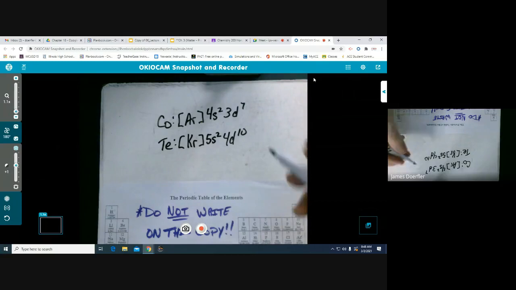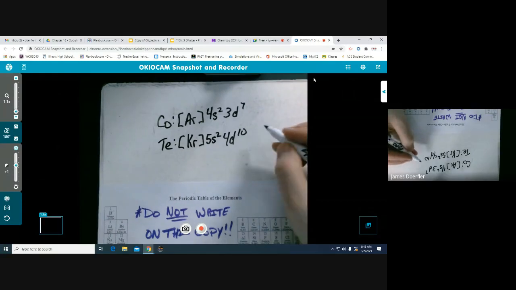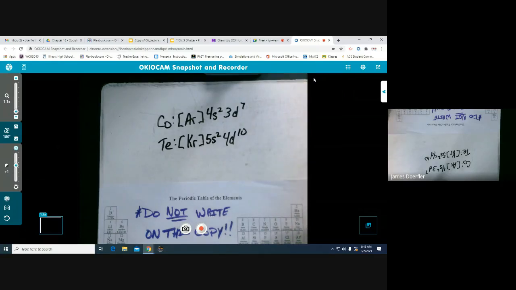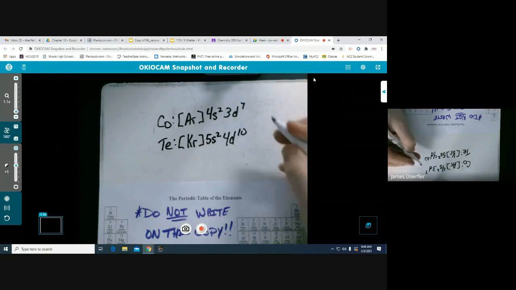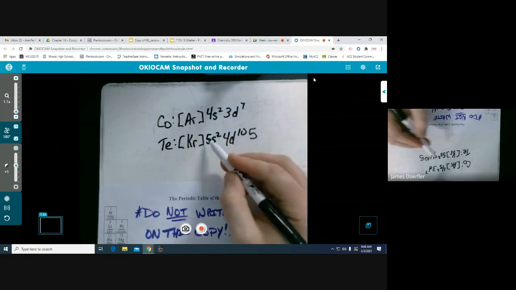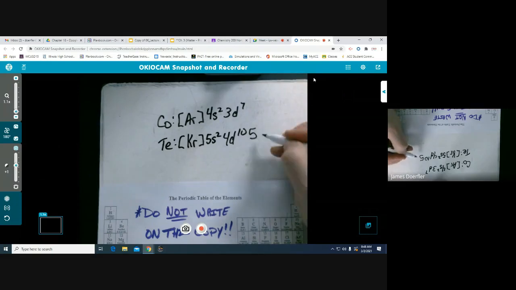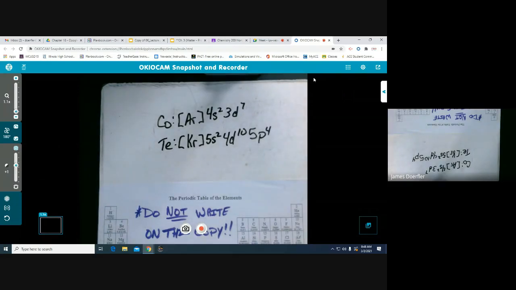Very good. And then not 6p, 5. The s and the p are always going to be on the same energy level. You said 4. And that's it.